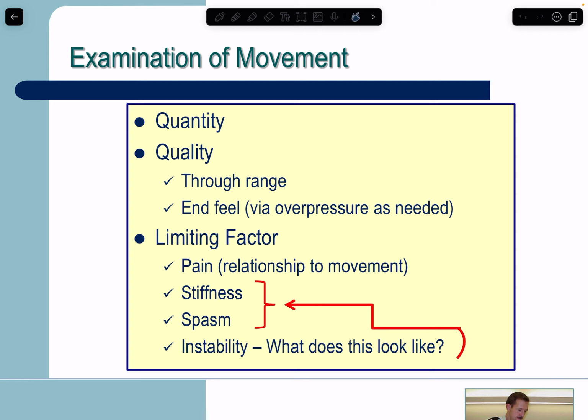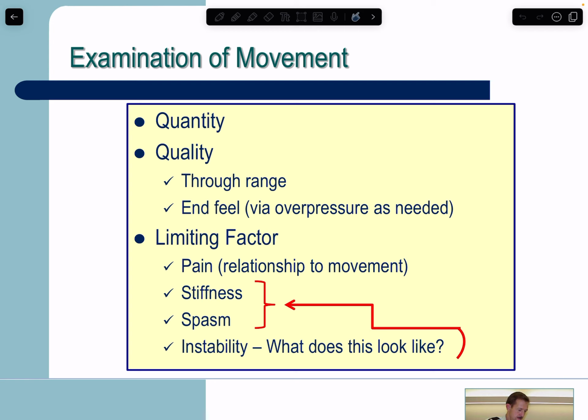So if you have a degenerative disc in your C-spine that's so degenerative that there's a linear dissociation between the vertebral bodies, you can see it on a film. That's instability. But what it looks like is stiffness. The muscles have guarded so much that the joint actually feels very stiff.